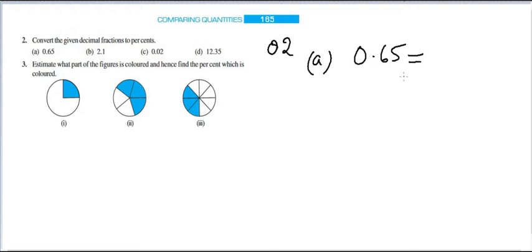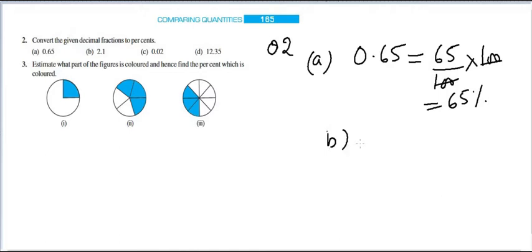When you divide it by 100, after 2 places. So looking at the pattern, we need not go into the detail. We can write this as 65 upon 100, and if you want to convert it to percentage, we multiply by 100. Now these two get cancelled and this will become 65%.